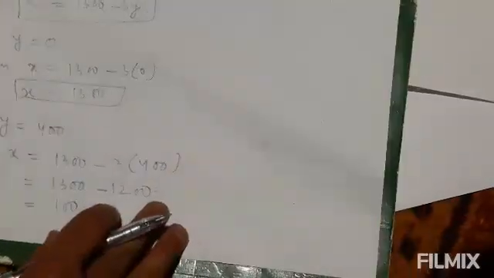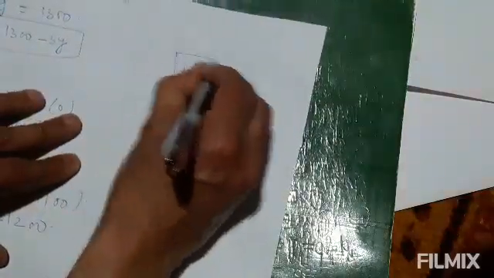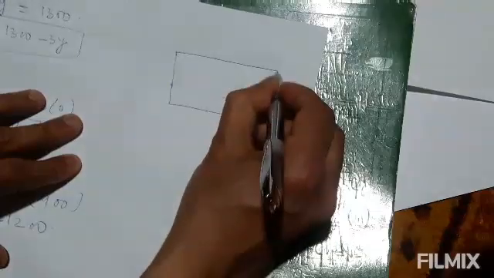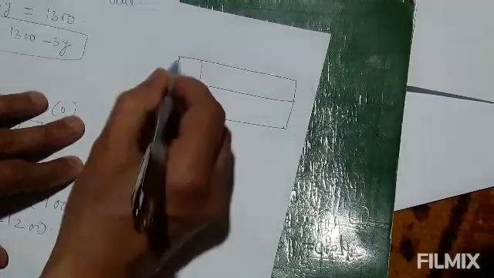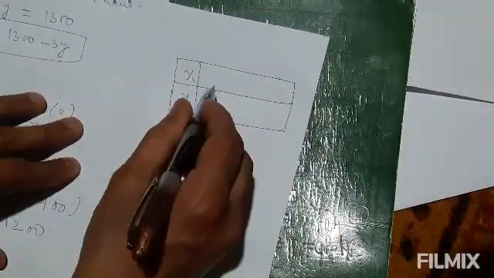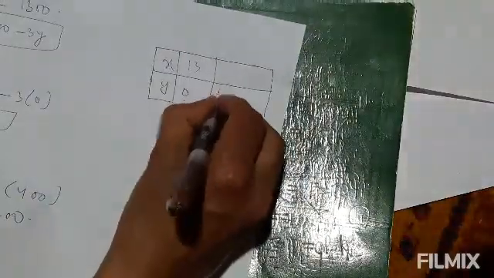Okay, so we can make two tables from these two equations. Let's make table 1 for the first equation, with x and y, and put the values in their places. When y is 0, x is 1300. When y is 400, x is 500.